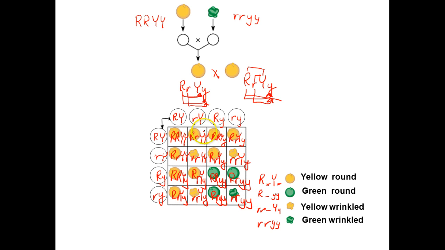So if you count how many yellow rounds you have, it should be 9. And how many green rounds, you have 3. And how many yellow wrinkled, there's 3. And green wrinkled will be 1. So whenever you have 2 hybrids crossing, your phenotypic ratio would always be a 9:3:3:1 ratio.